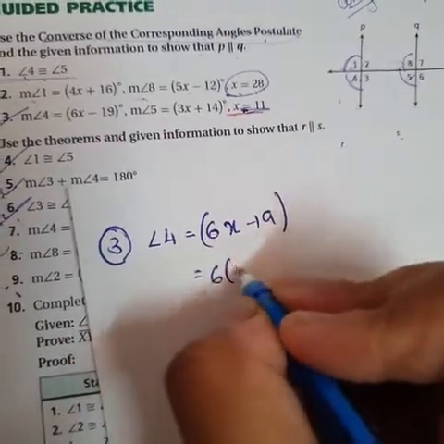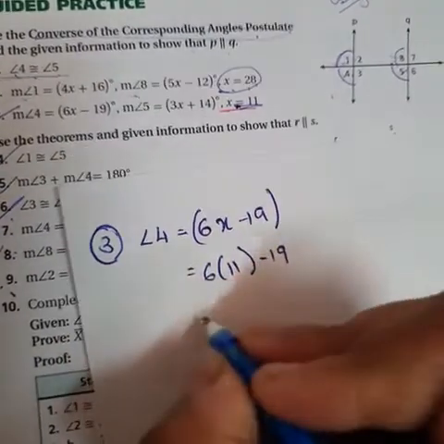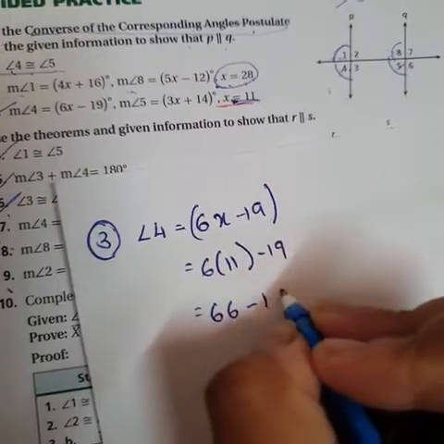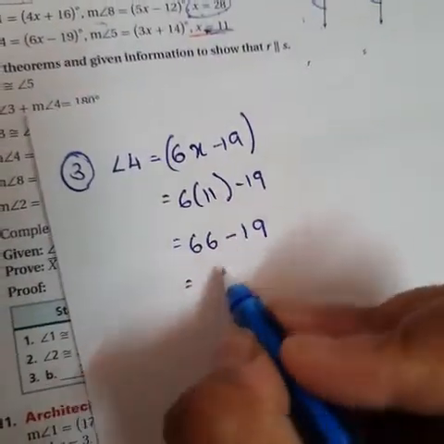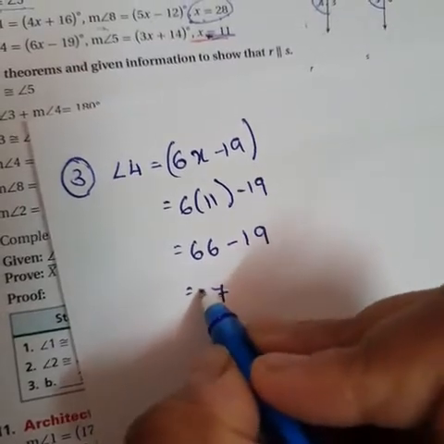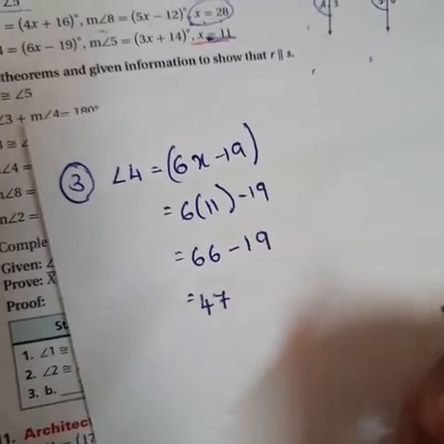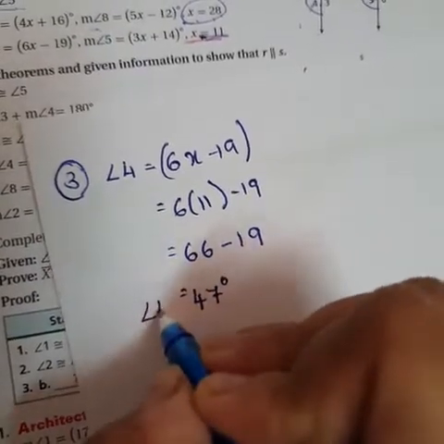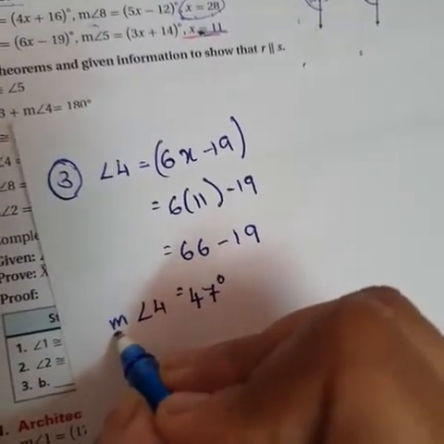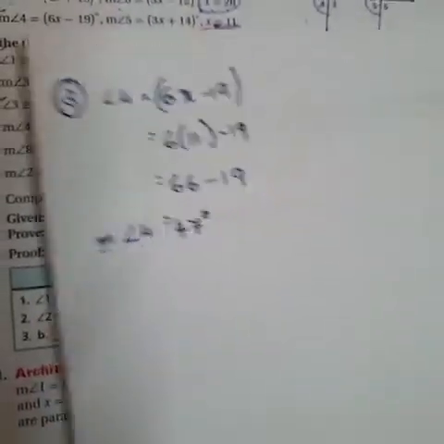So 6 multiplied by 11 minus 19 is 66 minus 19, which gives you 47. So angle 4 is 47 degrees. The measure of angle 4 is 47 degrees.